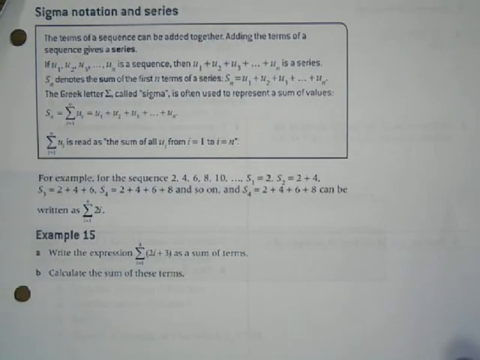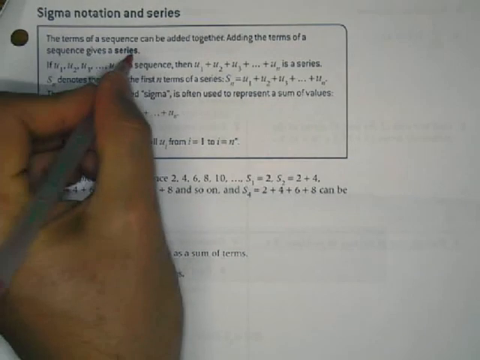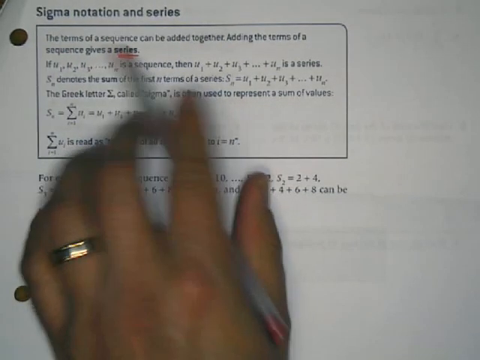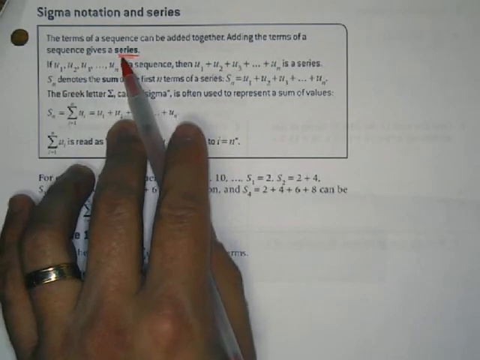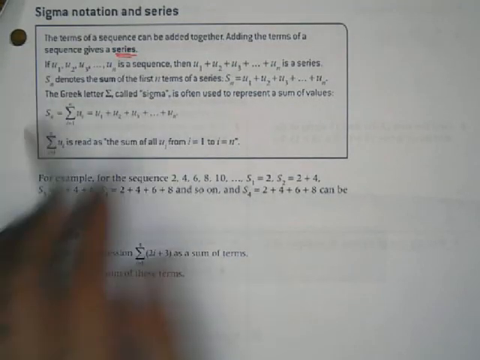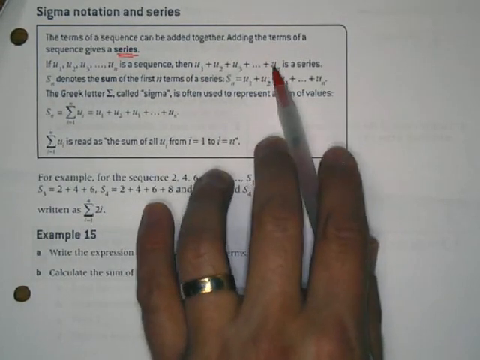Sigma notation. Okay, so what we've got here is we're going to talk about series some more. When terms of a sequence can be added together, this is called a series. We did some series just a few minutes ago. So u subscript 1 is my first term, u subscript n is the last one.